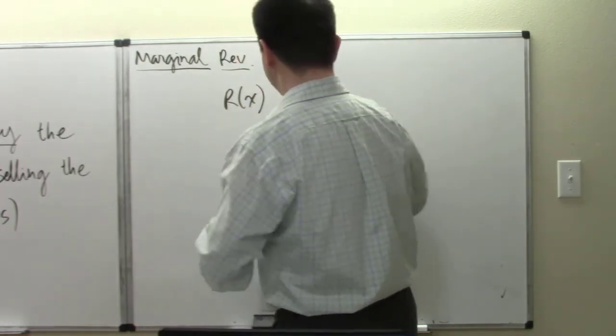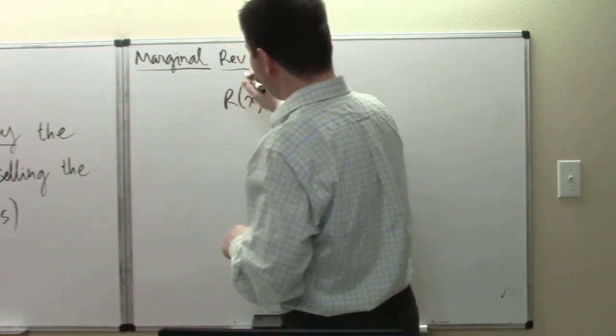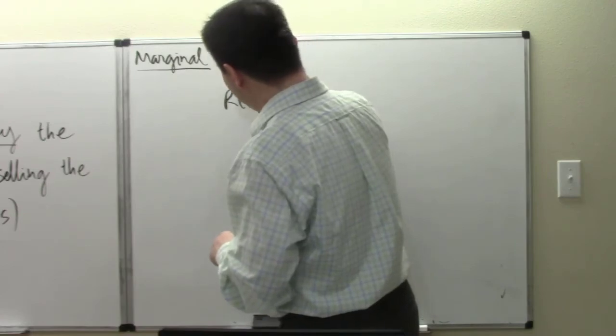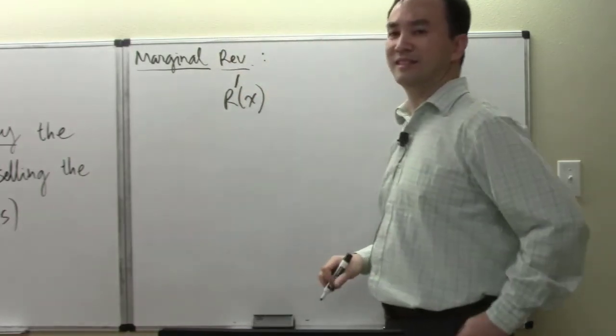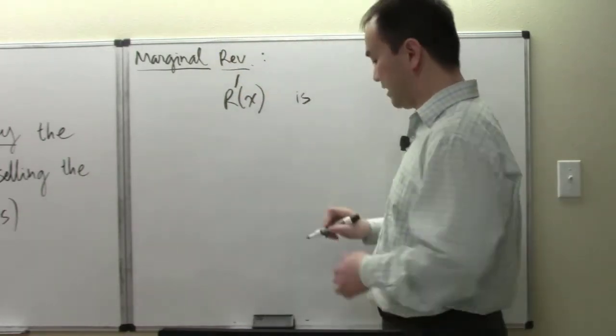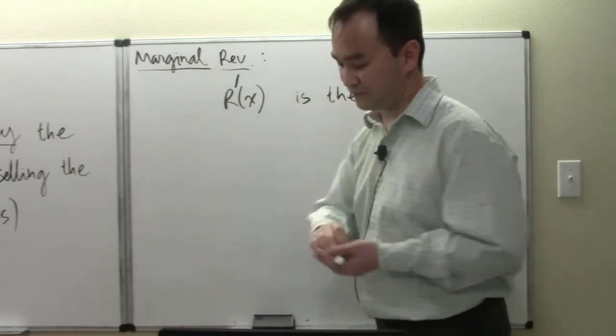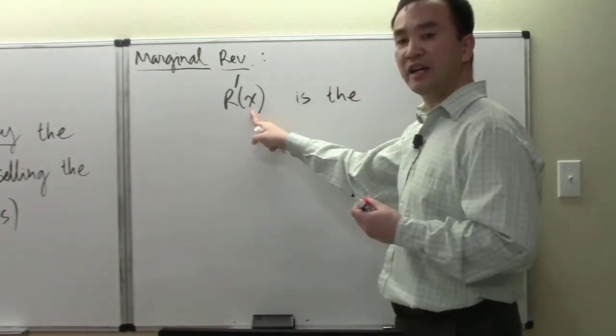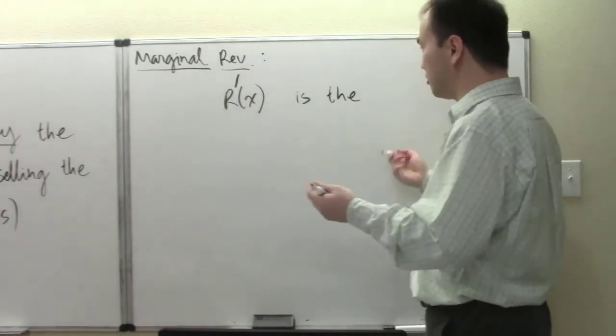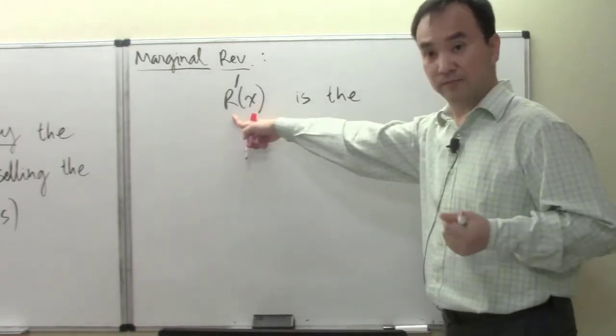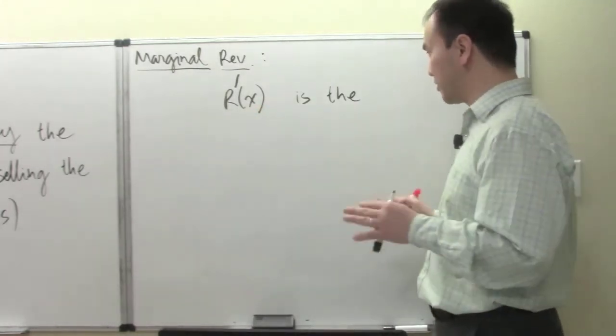Then, officially now R prime is now regarded as called the, see, without any given X value, marginal revenue. It's just the derivative. Now we officially take that idea. It's the derivative.